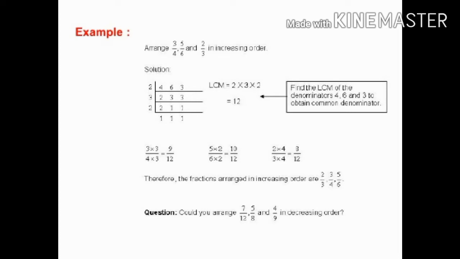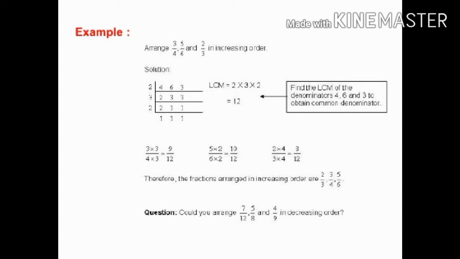So 8 by 12, 9 by 12 and 10 by 12. 8 by 12 represented 2 by 3 and 9 by 12 represented 3 by 4 and 10 by 12 represented 5 by 6. Dear students, could you arrange 7 by 12, 5 by 8 and 4 by 9 in a decreasing order? Decreasing order means descending order.